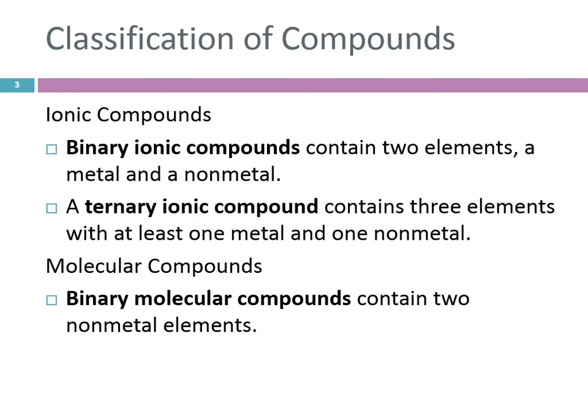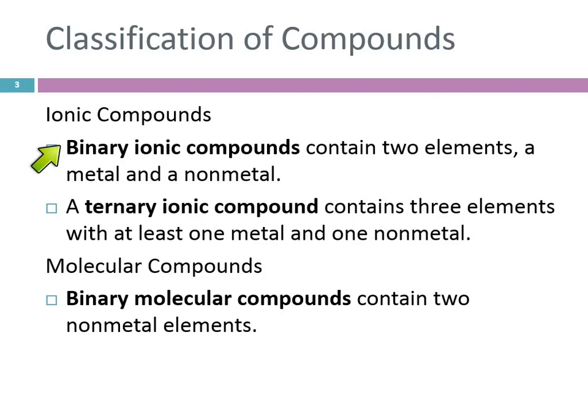So the first category we're going to look at, ionic compounds. Ionic compounds have ions in them. And so the ionic compounds can be divided into binary and ternary. Binary means what? 2.